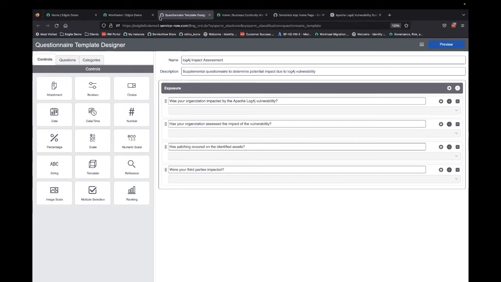Has patching occurred on those identified assets? Do they know if their third parties were impacted, which would be our fourth parties? And really starting to leverage this information to help give us a more resilient program. This is just an example. As a vendor risk management team, as a resiliency team, you would have the ability to come in and define these questionnaires, send them out to your vendors.